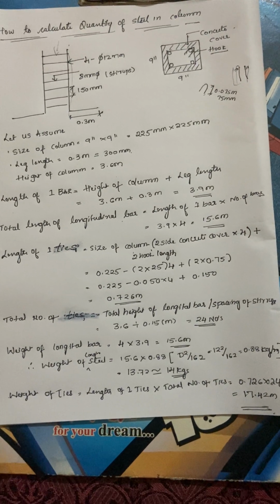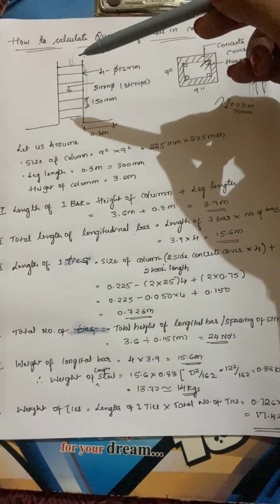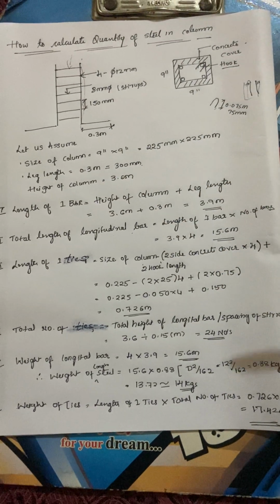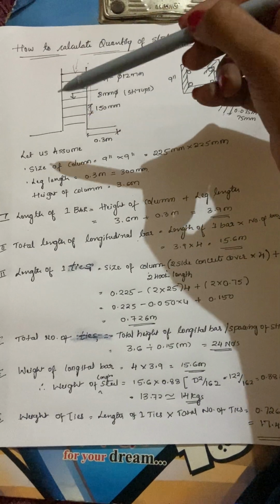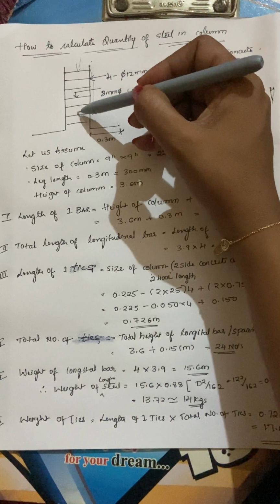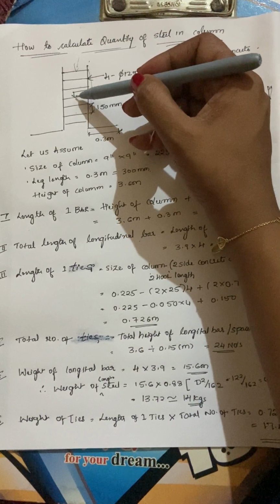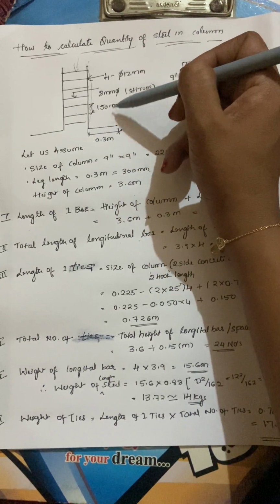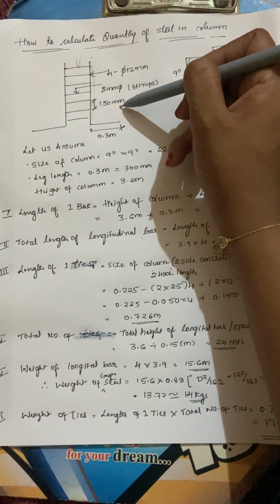Then we should calculate the total number of ties. How do you calculate the total number of ties? How many ties are required? That is nothing but the height of the column and the difference between each of these steel ties. They had given 8 millimeter dia with 150 mm spacing.